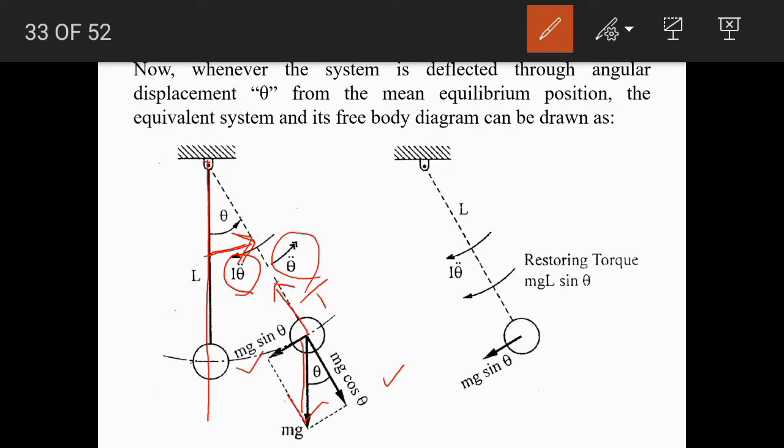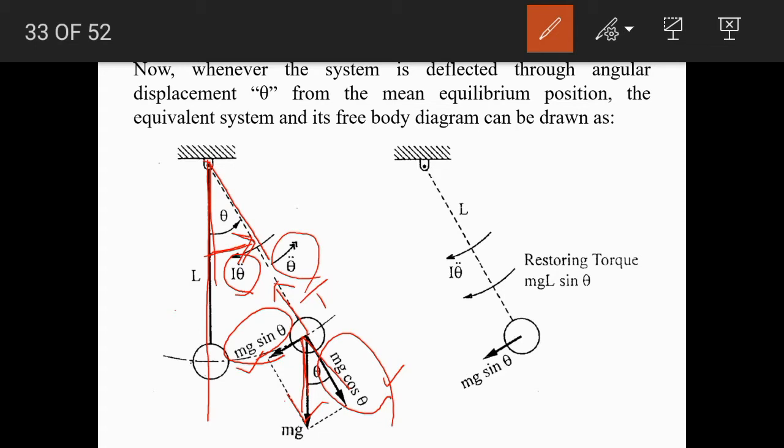Here we already know that the system is displaced through the angle theta, so this angle would also be theta. So the radial component of weight mg would be mg cos theta, and the tangential component would be mg sin theta.